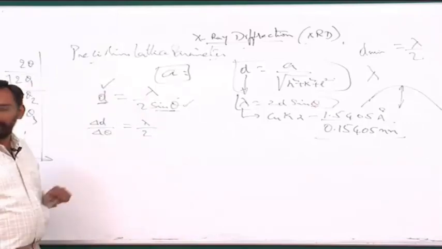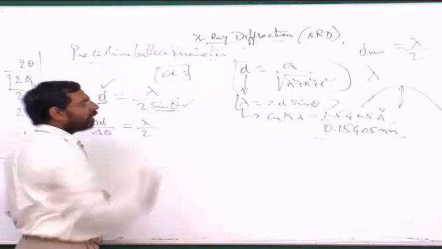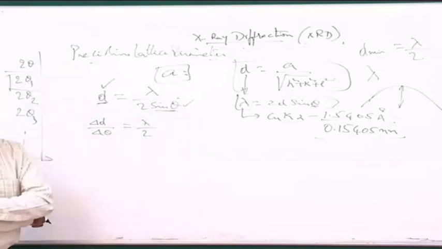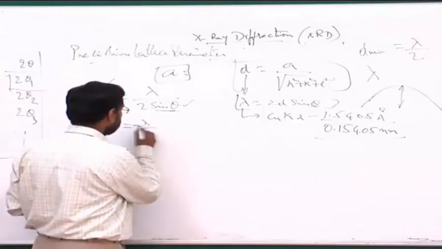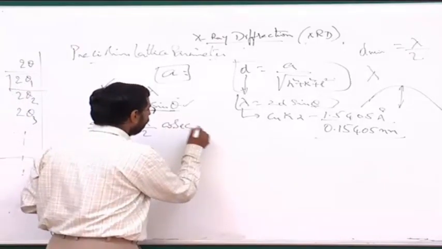which is constant, into 1 by sin theta, which is cosecant theta, right? So the differential of cosecant theta is minus cosecant theta cot theta.